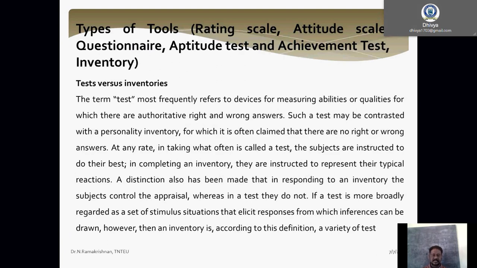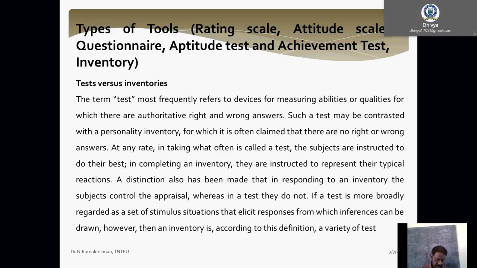The term test most frequently refers to devices for measuring abilities or qualities for which there are authoritative right and wrong answers. Such a test may be contrasted with a personality inventory, for which it is often claimed that there are no right or wrong answers. At any rate, in taking what is often called a test, the subjects are instructed to do their best in completing an inventory.